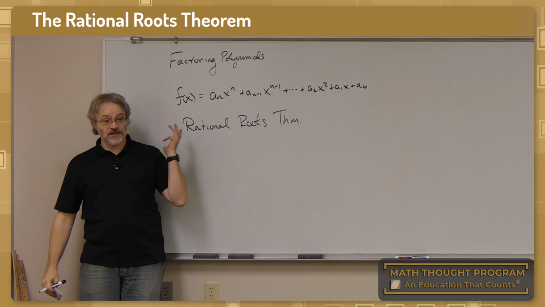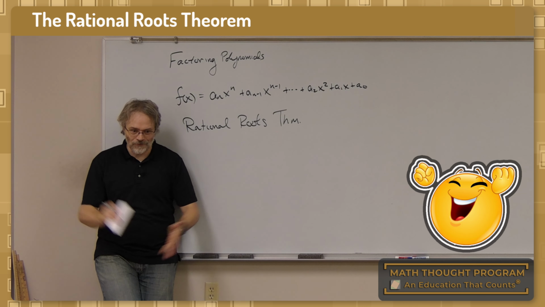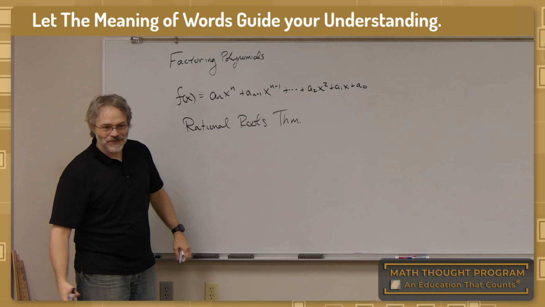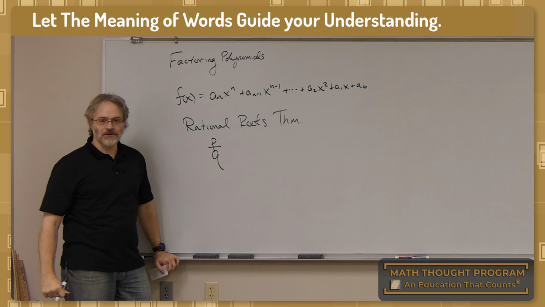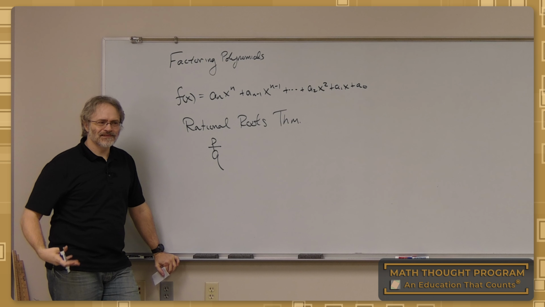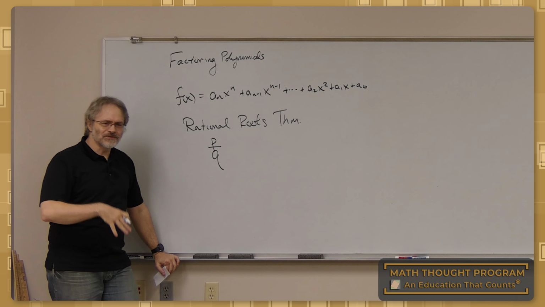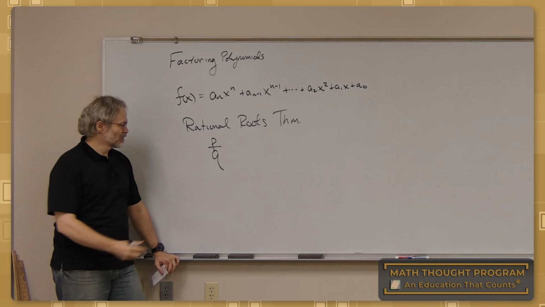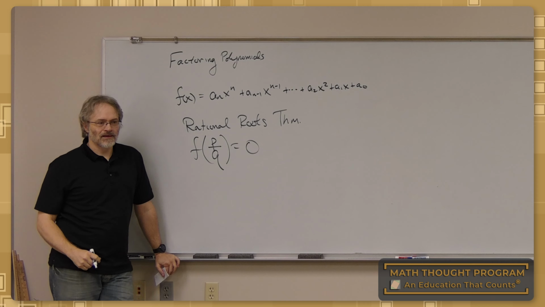So first off, it says the word rational. So it would be irrational not to talk about rational numbers. Remember what a rational number is? Something of the form p over q. What's a root? I forget. You take it, you plug it into a function, it annihilates.